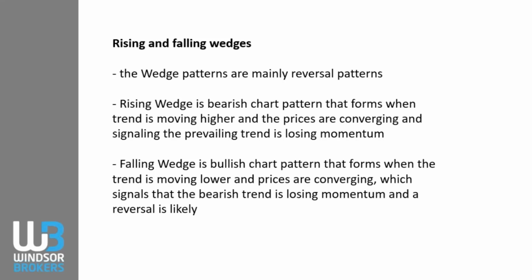The rising wedge is the bearish reversal, so the uptrend will be changing to a downtrend, and the falling wedge is a bullish chart pattern that forms when the trend is moving lower and prices are converging, signaling that the bearish trend is losing power and momentum and is likely to reverse.